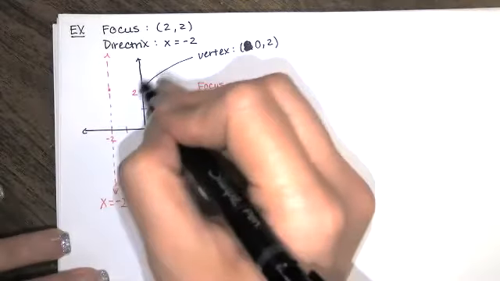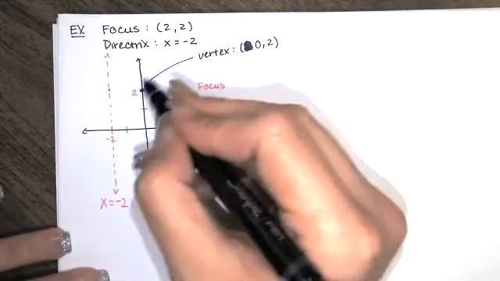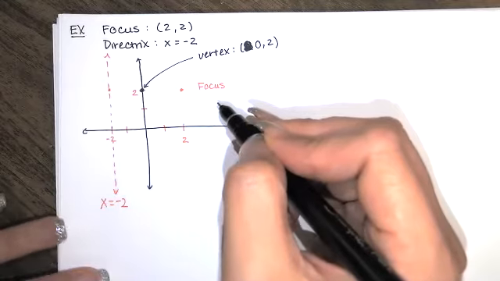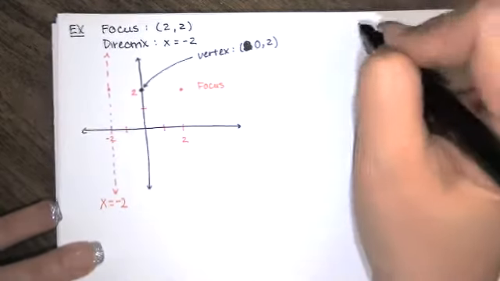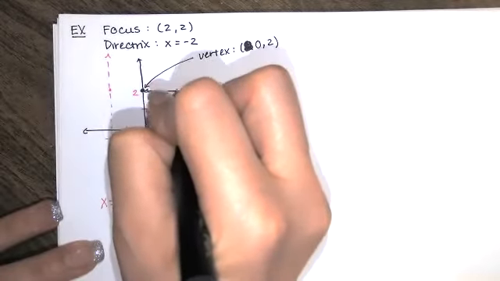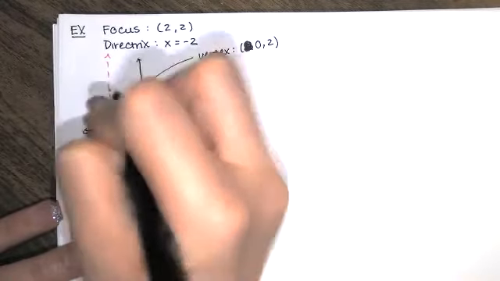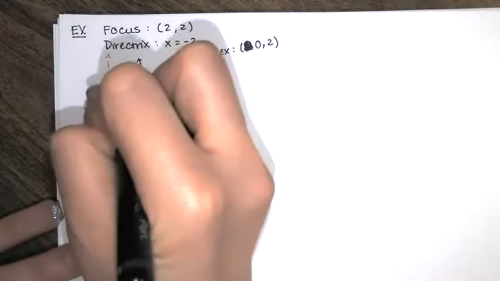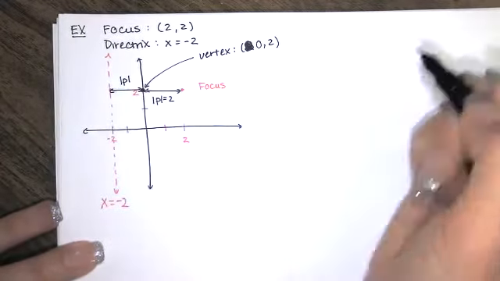And I see my parabola opens to the right because it has to open around the focus. So that means, and we know that this distance from here to here is absolute value of p. Absolute value of p is 2.